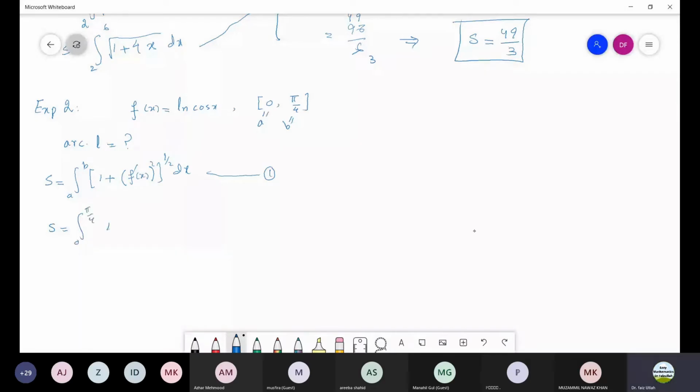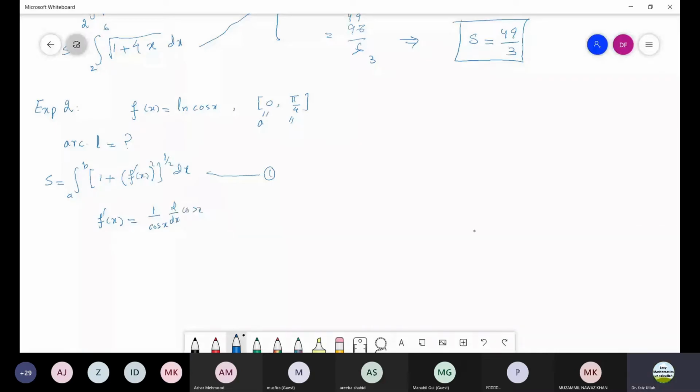Now there is 1 plus, but first of all, let me write the value of f dash, and then I can put it here. So f dash of x, let us differentiate. Differentiation of log of some function is 1 over that function, which is cos x.